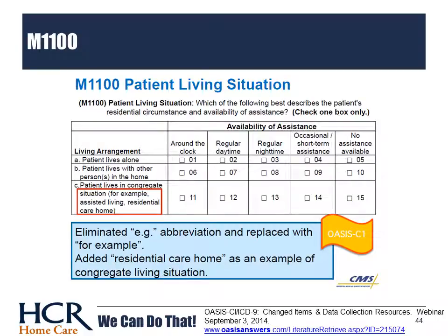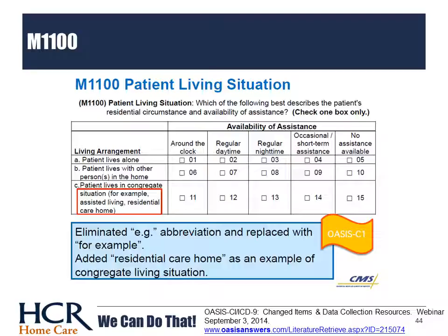So first looking at 1100, which is the patient's living situation. This item asks first if the patient lives alone, lives with another person in the home, or lives in a congregate setting or situation. And then the second part asks for that living situation, how available is the assistance? Is it around the clock?